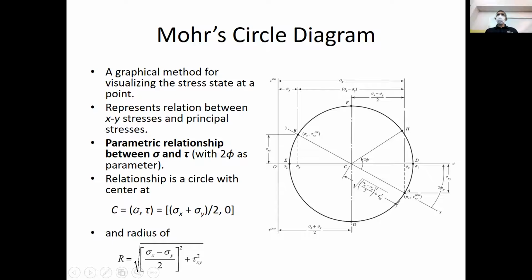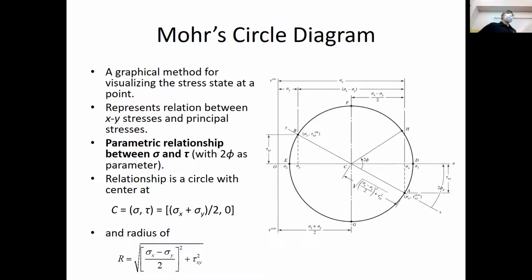And this sigma is sigma average. If you know sigma x, sigma y, you add them and divide by 2, that will give you the location of the center of the circle. Then I can calculate the radius, knowing sigma x, sigma y, and tau xy. I can find the radius by finding the square root of sigma x minus sigma y over 2, all squared, plus tau xy squared. So this is one way of drawing a Mohr circle.